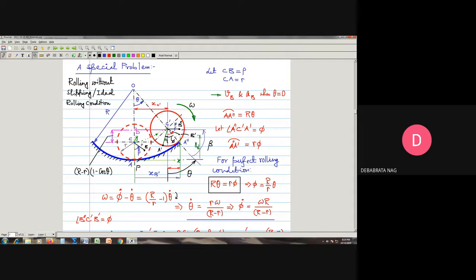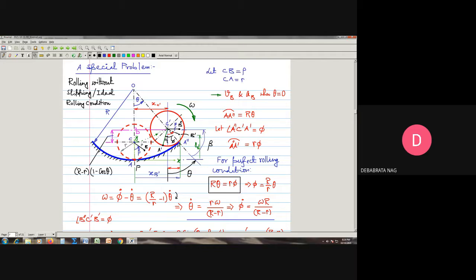So the same location will now be here. Let us suppose this is B double dash, the intermediate position. When I am dragging this geometry, just giving the curvilinear translation, we note that the point B has come to the intermediate location B double dash, and the angle between C dash A double dash and C dash B double dash will be equal to beta.